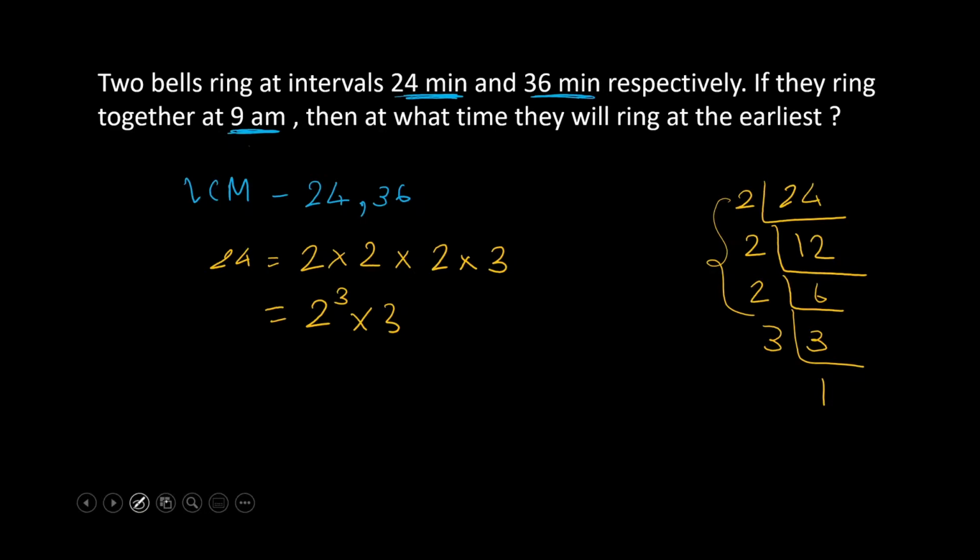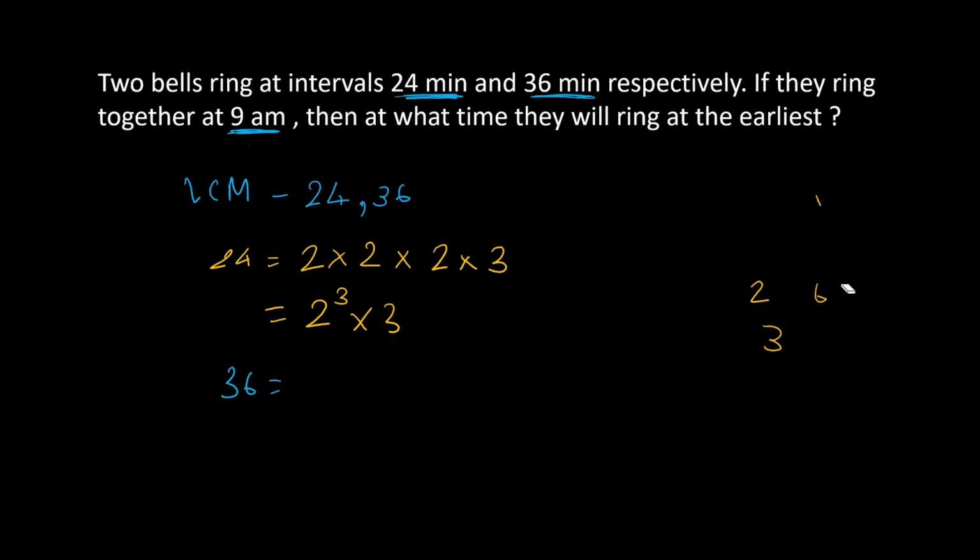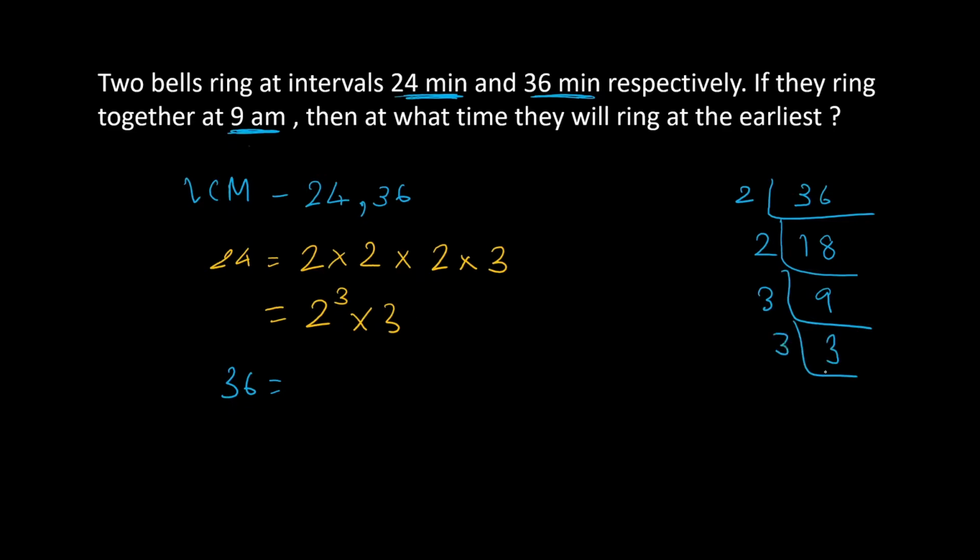Next we have to do the same thing with 36. Now I'm going to show you how to do 36 as well. 2 goes 18 times in 36, 2 goes 9 times in 18, 3 goes 3 times in 9, and 3 goes 1 time in 3.